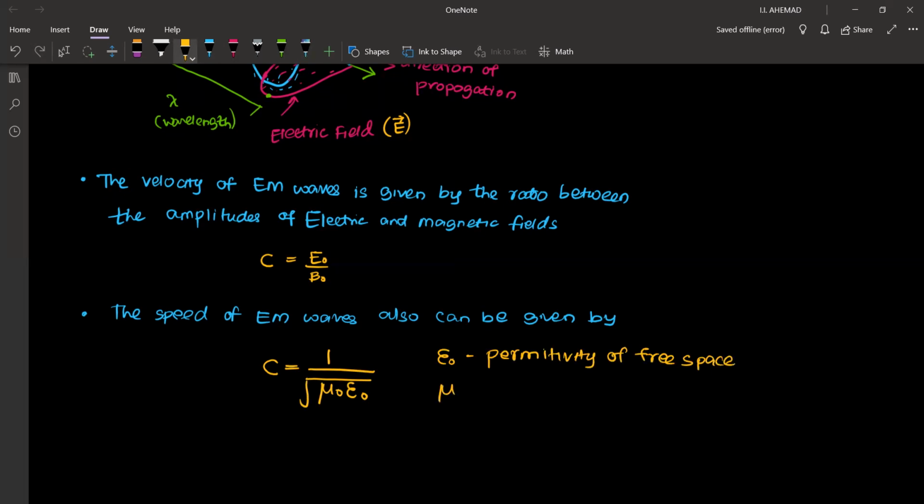And mu naught, that is the permeability of free space.